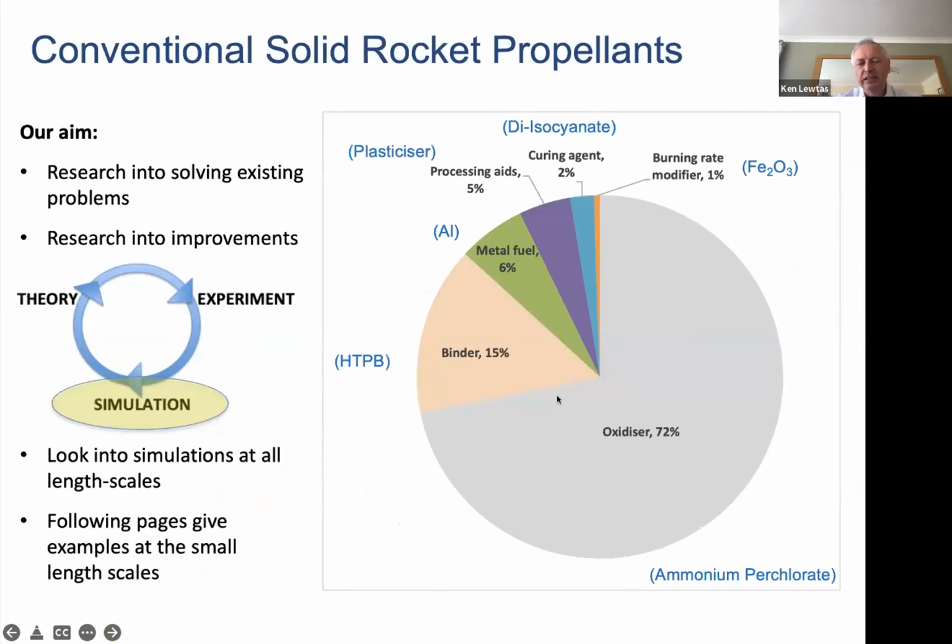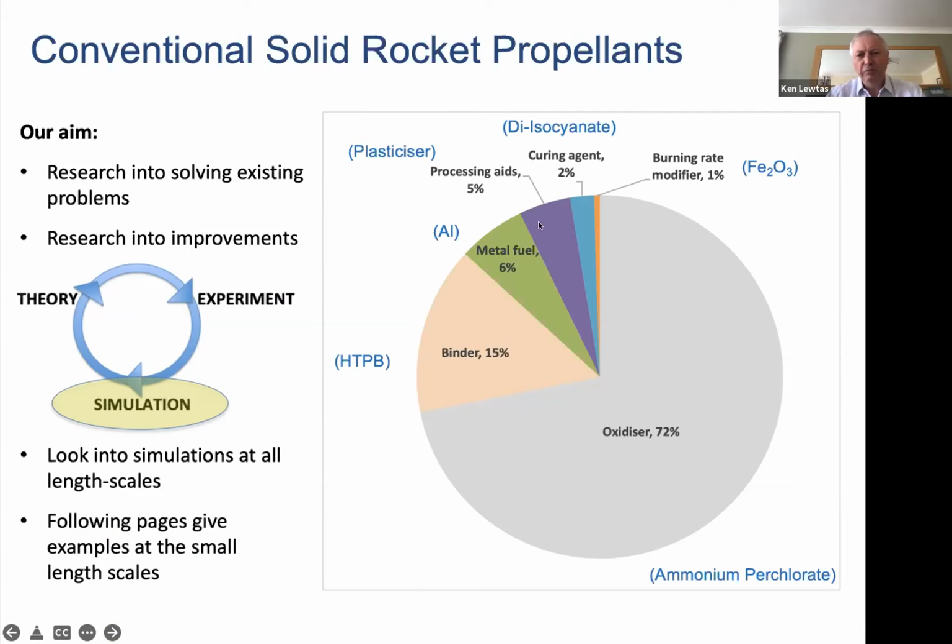This gives you an idea of the amount in weight of a simple solid rocket motor. You see, most of it is the oxidizer, and the more you can put in there, the better it is. The binder here, I put about 15% as the polybutadiene. We'd like to go lower than that.